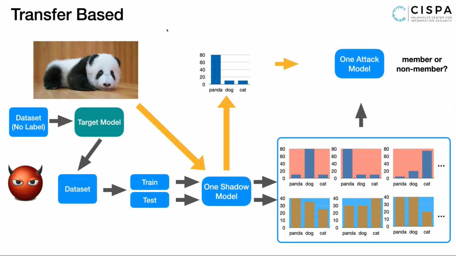Which also means if this image is a member of the target model, and the target model is so similar to the shadow model, the shadow model will also feel like this is part of the members, which allows my attack model to judge that this actually is a member of the target model. This is our transfer-based attack.